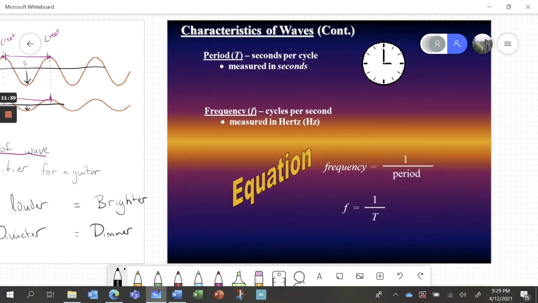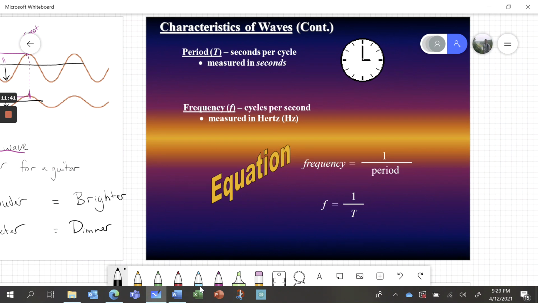All right, and last characteristic, we need to talk about frequency and period. They are interesting. A period is how many seconds it takes for a wave to complete one wavelength.